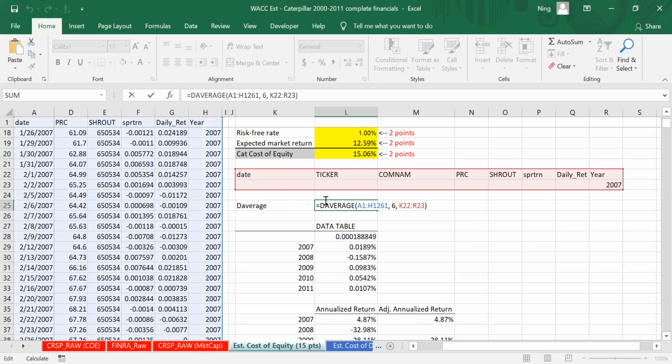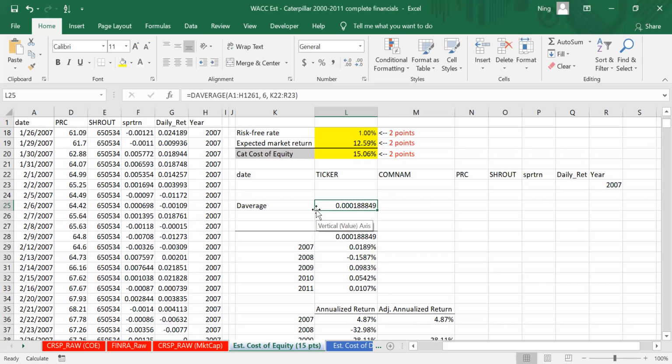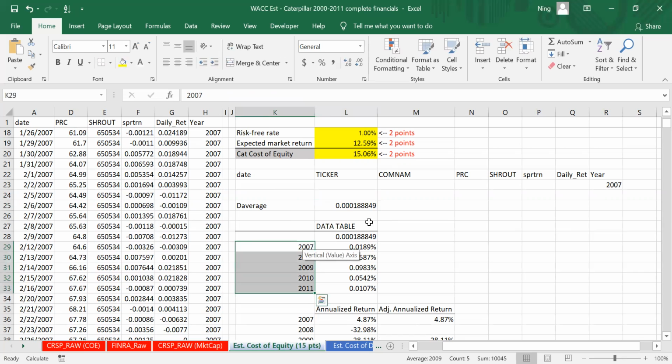And once we compute the daily return for S&P, then we can run a simulation for S&P throughout our time horizon. So we're using a one-dimensional data table to simulate the average daily return for S&P in each of the fiscal years from 2007 to 2011.